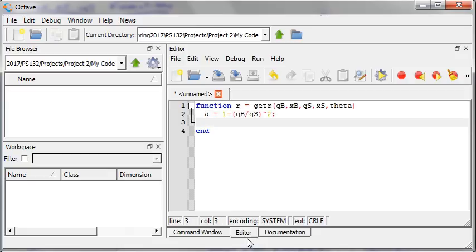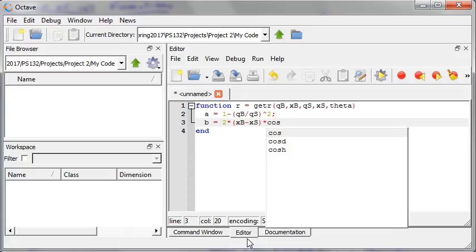I'll put a semicolon so it doesn't print out. B equals 2 times something, I think it was XB minus XS times the cosine. I've actually got to use cosine D. Cosine by itself assumes the argument is in radians, and the cosine that assumes the argument is in degrees is called cosine D. So I'm going to go with the cosine D of theta.